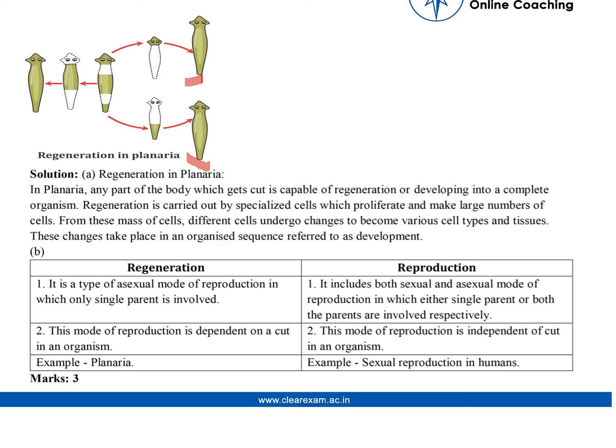Regeneration is based on a cut in an organism, but reproduction does not involve such a cut in an organism. It is independent of that. An example of regeneration is planaria, and of reproduction, sexual reproduction in humans.